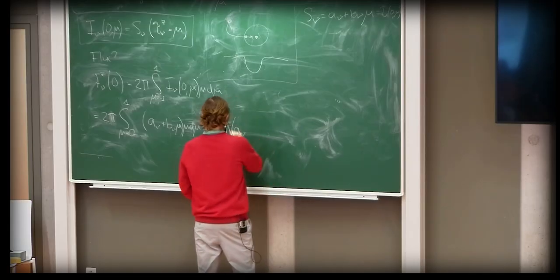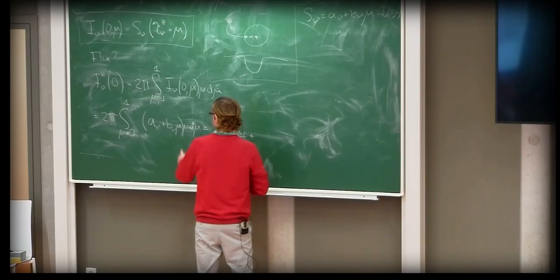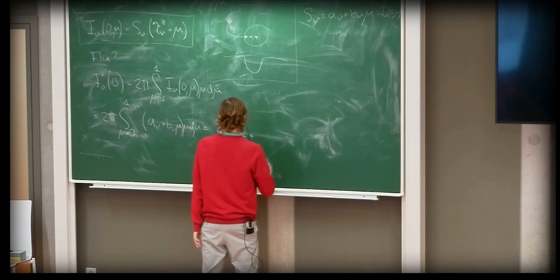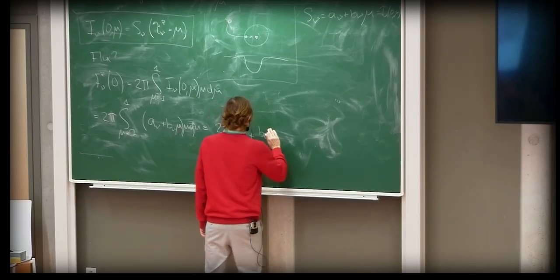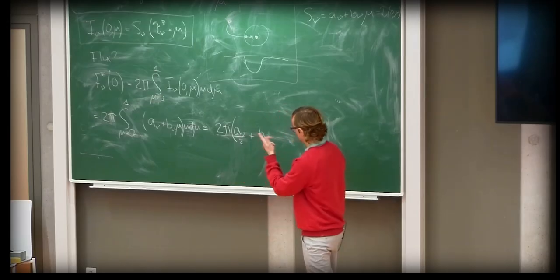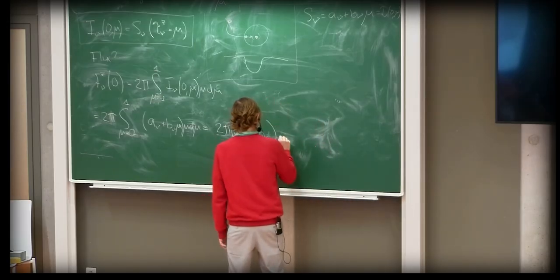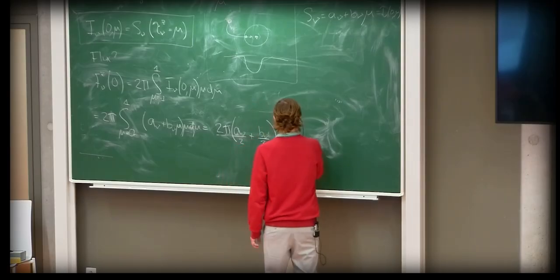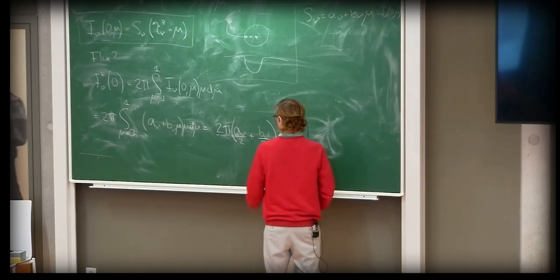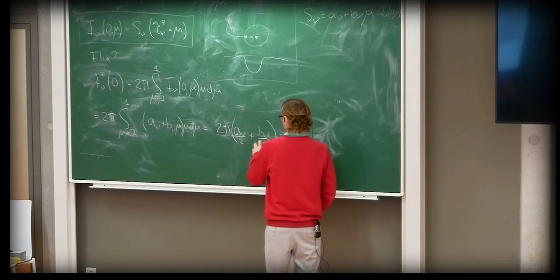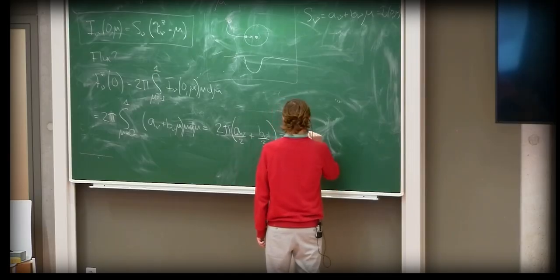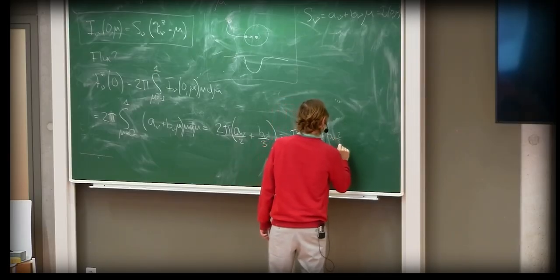A nu divided by 2. The second is going to be the integral of mu squared from 0 to 1. That just gives you a third. We can just plug this out, take out the 2, and then we get pi times A nu plus B nu times 2/3.